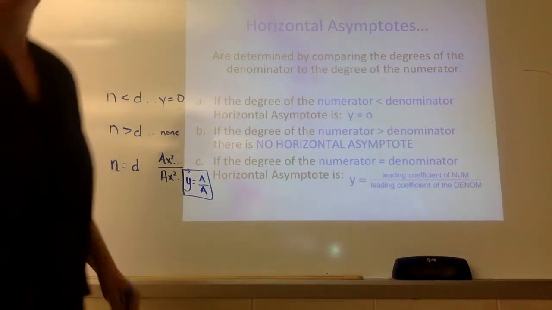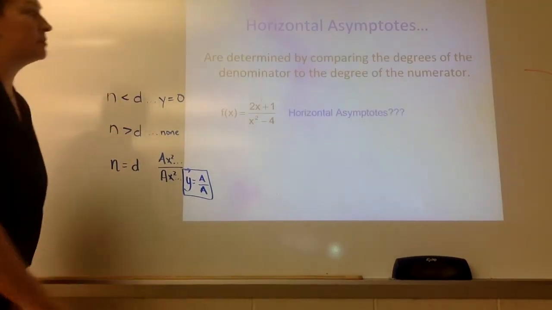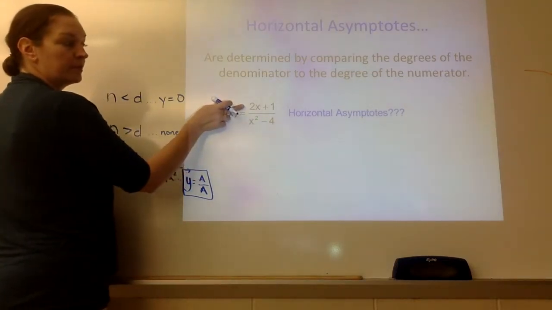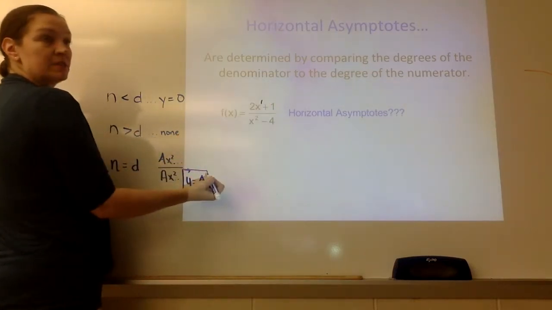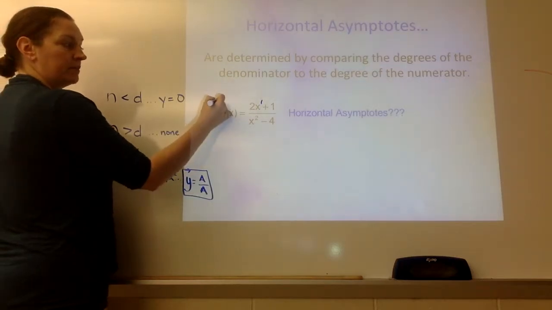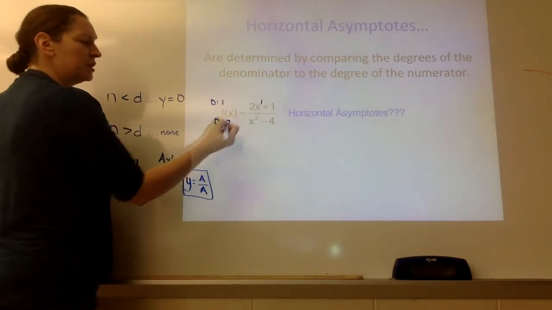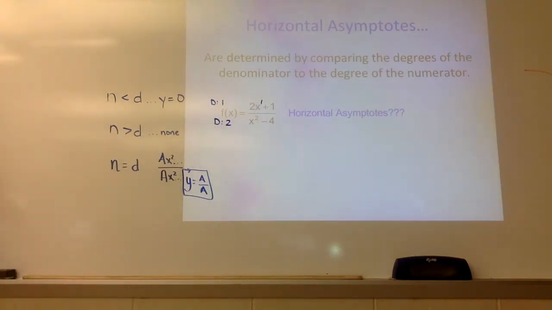Okie dokie. So here's our first example. 2x plus 1 over x squared minus 4. What's the degree of the numerator? Degree 1. Highest power of x is 1. What's the denominator? Degree 2. So which rule applies?